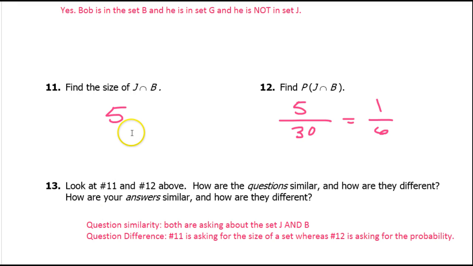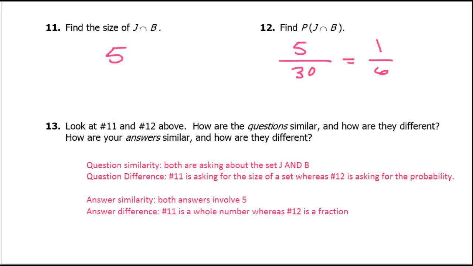Now let's talk about how the answers are similar and different. And the bottom line is going to be, for problem number 11, the answer is a whole number, whereas for problem number 12, the answer is going to be a fraction or a decimal or a percent. So again, let me be even more specific because they want to know how the answers are similar and how are they different.